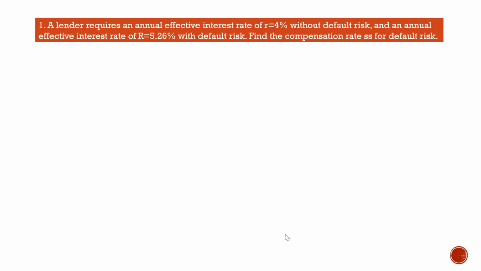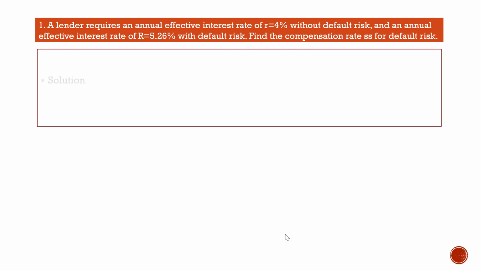Question 1. A lender requires an annual effective interest rate of r equal to 4% without default risk, and an annual effective interest rate of R with default risk. Find the compensation s of default risk. So just follow the formulas: 1 plus R is equal to (1 plus r) times (1 plus s).